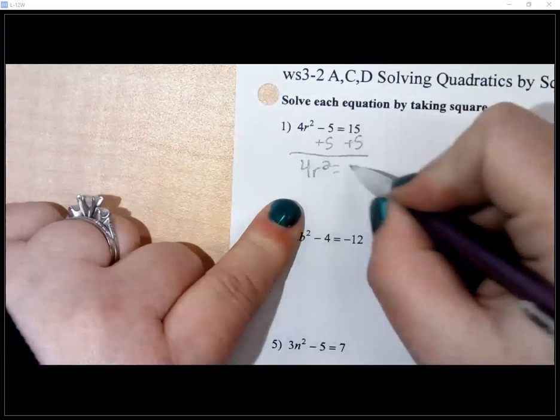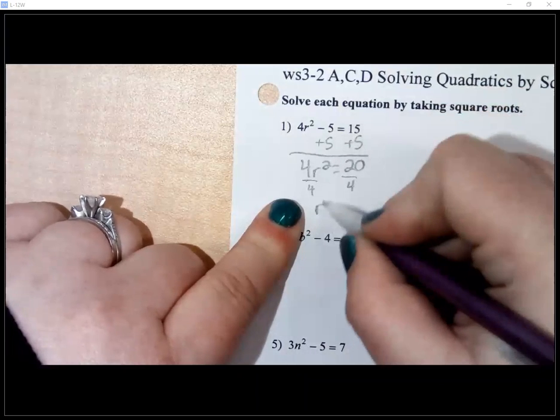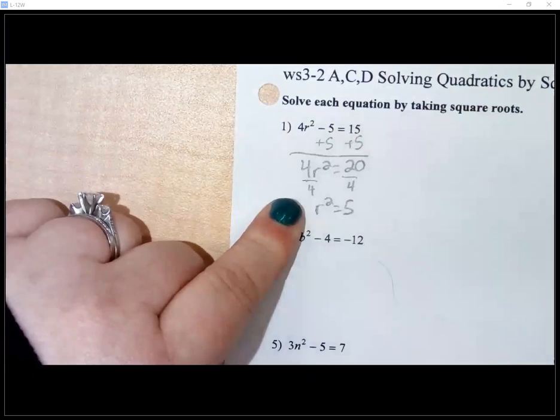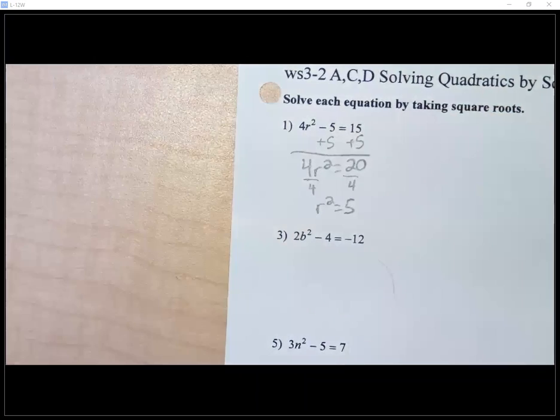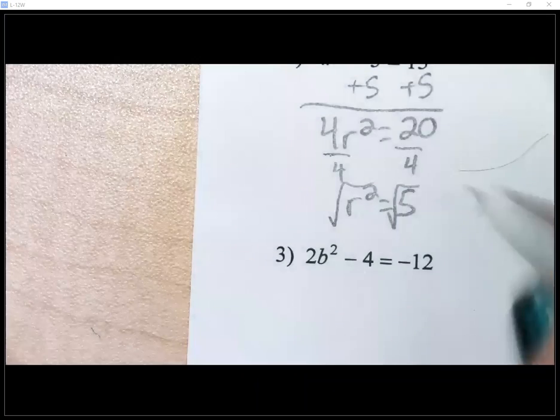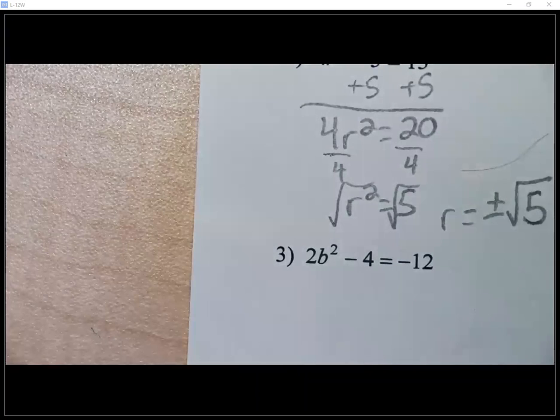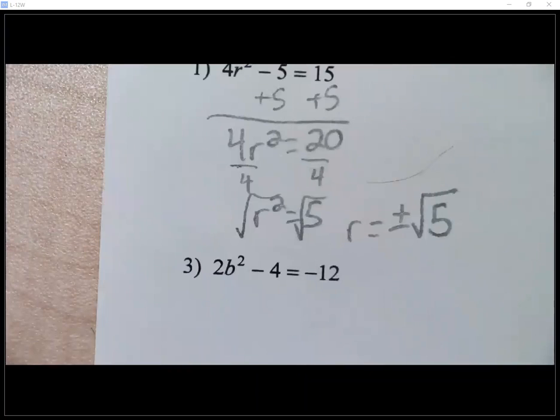Divide by 4. And now all I have to do is take the square root of both sides. And I'm done. Just always remember that you need the positive and negative root. I can't simplify the square root of 5, so I literally just leave it. So that's number 1. Positive, negative.